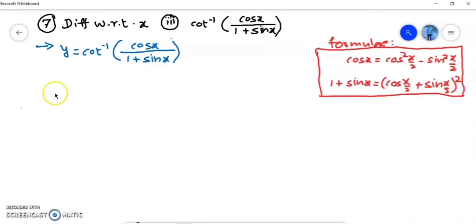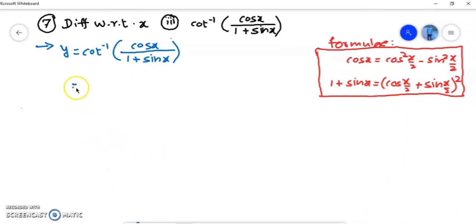Now to solve this example, I need to use two more formulae. Cot inverse of cos x divided by 1 plus sin x. Cos x as per the half angle formula is cos square x by 2 minus sin square x by 2, and 1 plus sin x is cos x by 2 plus sin x by 2 whole square. If we use those two formulae, what will we get?